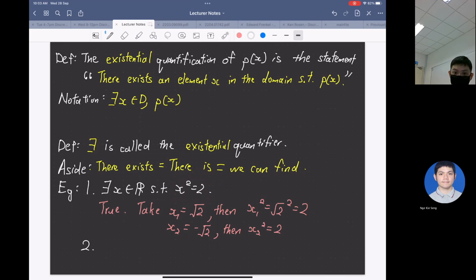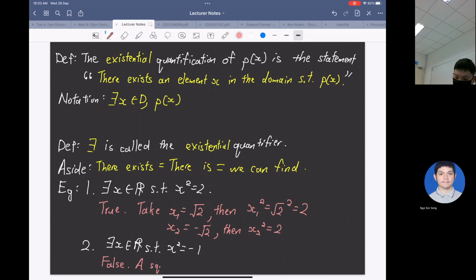Second: there is an x in R such that x squared equals minus 1. True or false? False. Why? Because a square can't be negative. Yes, very good.